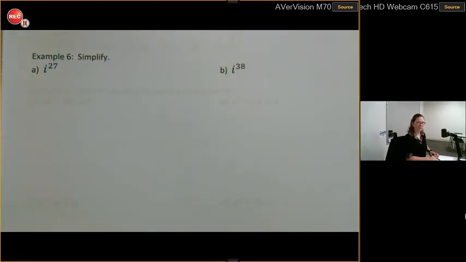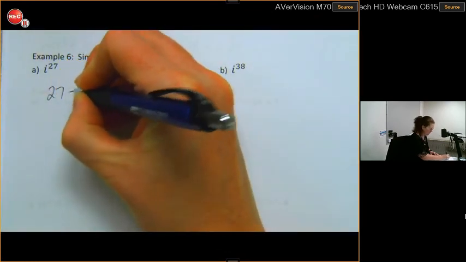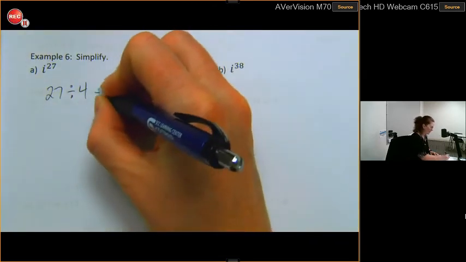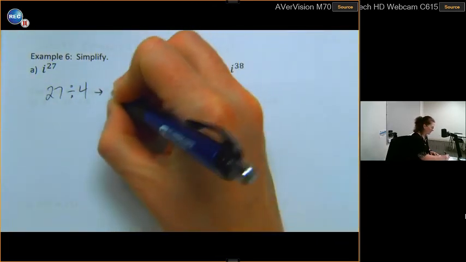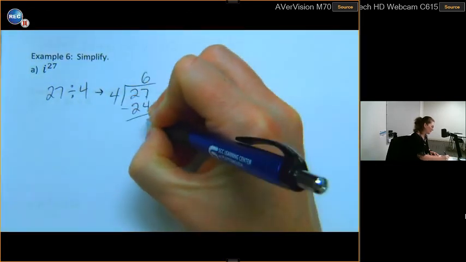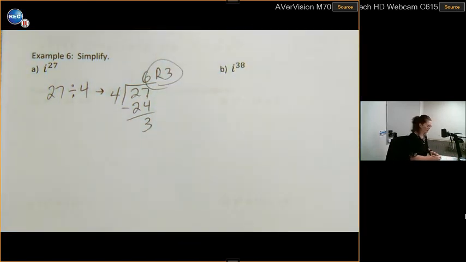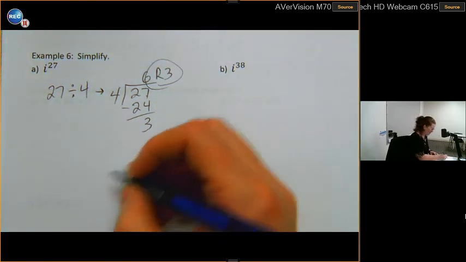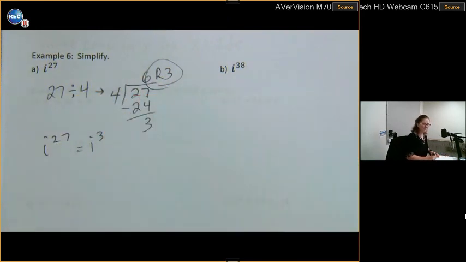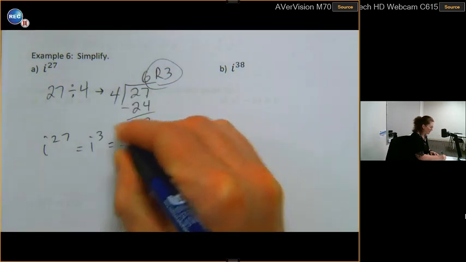So if i to the 27th, I'm going to take 27 divided by 4. 4 goes into 27 6 times with a remainder of 3. So that remainder tells us that i to the 27th is the same thing as i to the 3rd, which is the same thing as negative i.